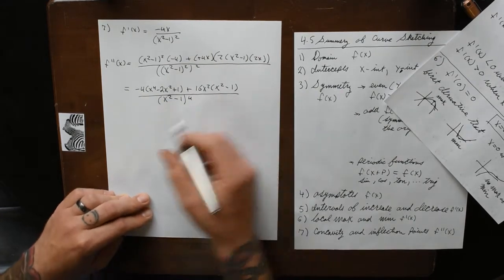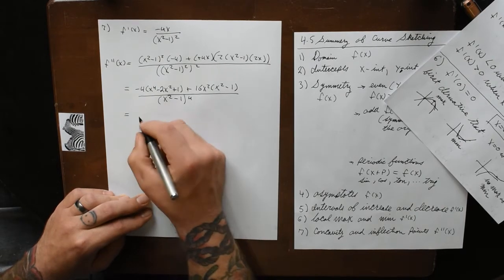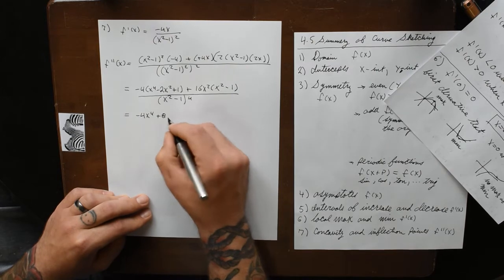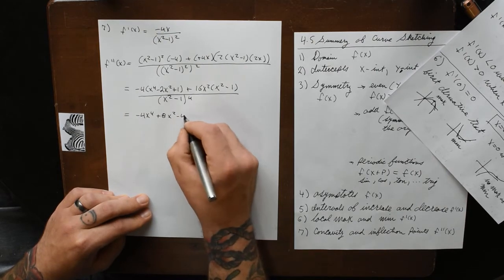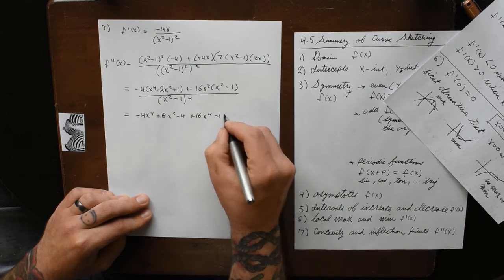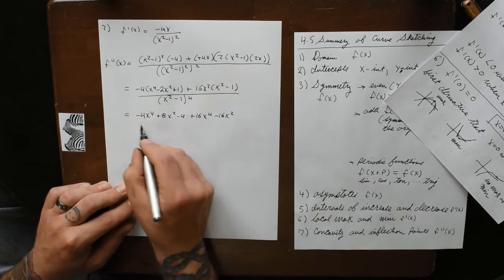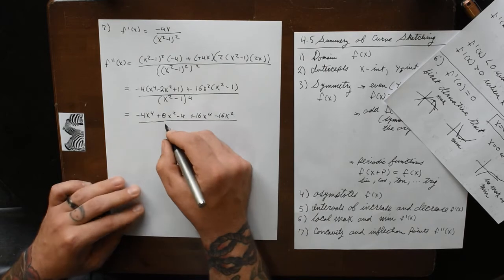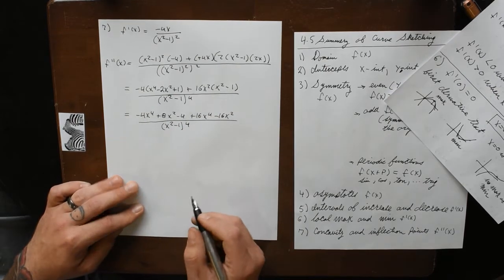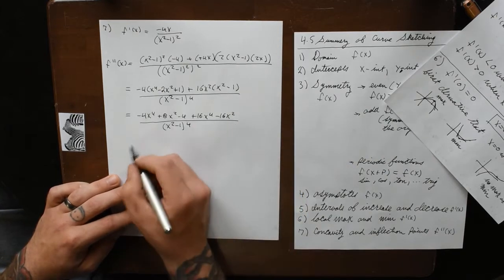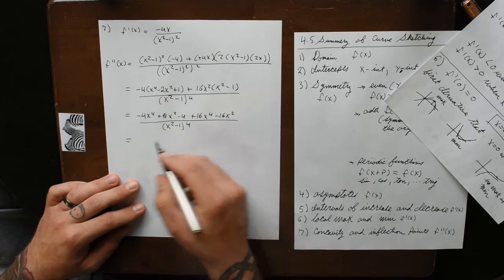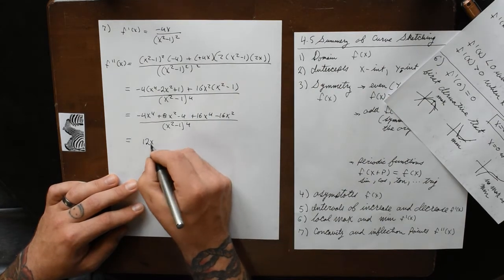Let's keep on going. This will be equal to negative 4x to the 4th plus 8x squared minus 4 plus 16x to the 4th minus 16x squared, all divided by (x squared minus 1) to the 4th, which now we can gather some like terms. We have 16 take away 4 gives us 12x to the 4th.